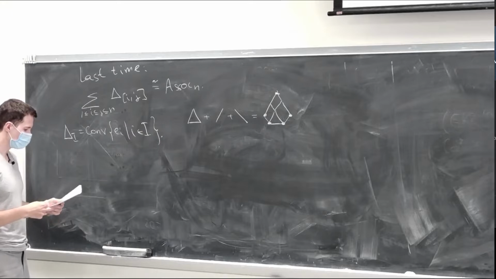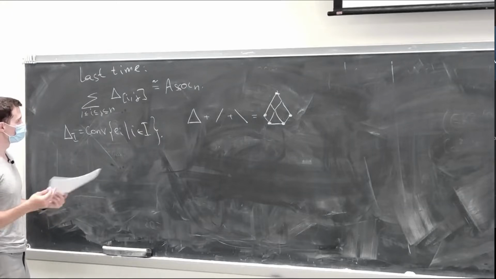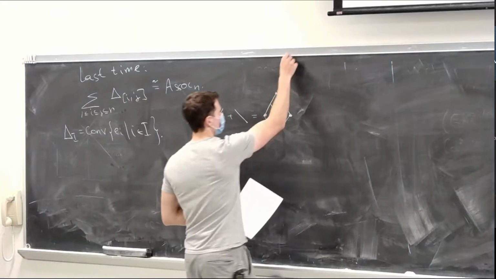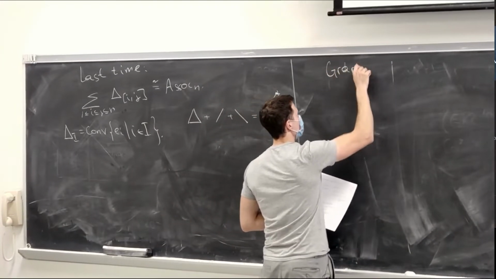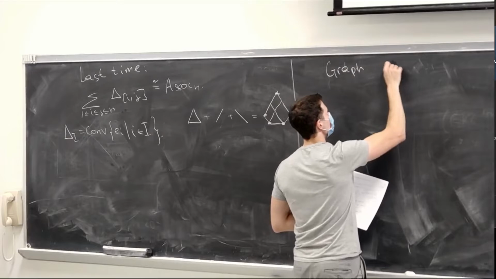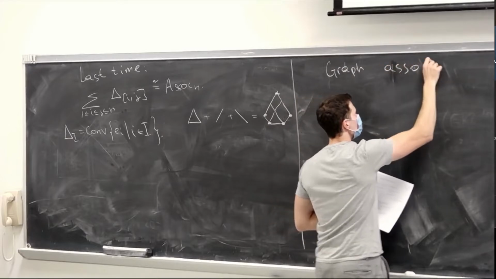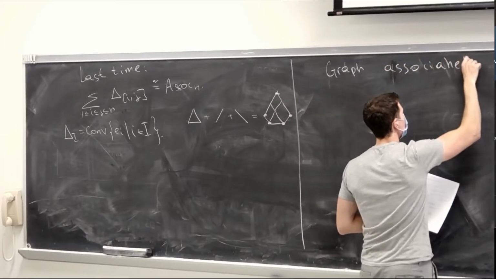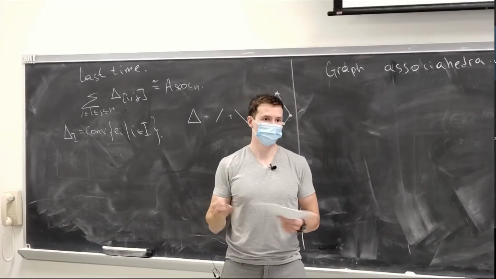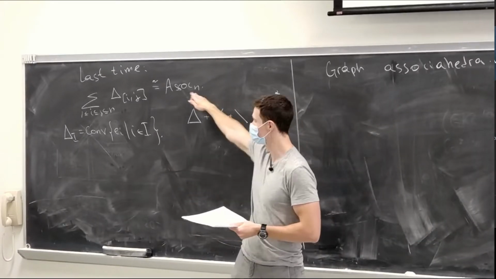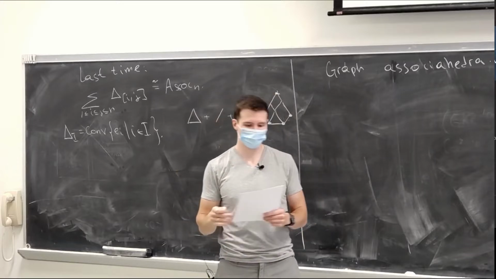Yeah. All right. So today, what I'm going to discuss is graph associahedra. The graph associahedron is a generalization of the associahedron for an arbitrary graph.